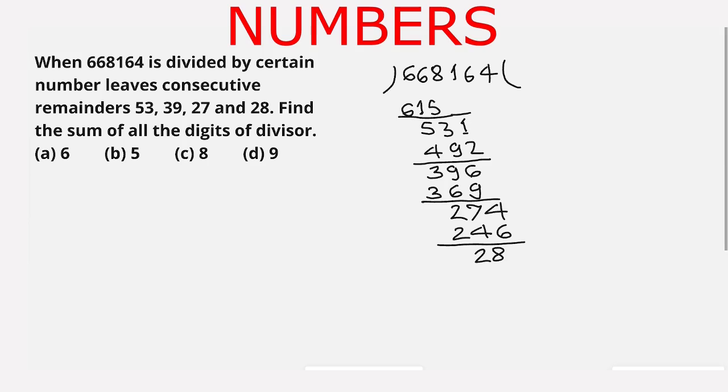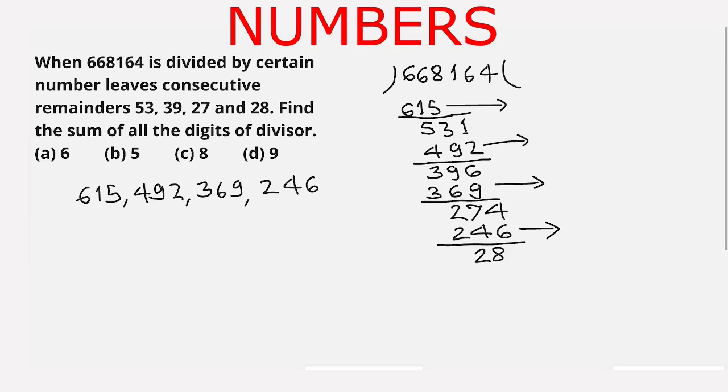The products of the divisor and the digits of the quotient are 615, 492, 369 and 246. So we write all these numbers: 615, 492, 369 and 246.